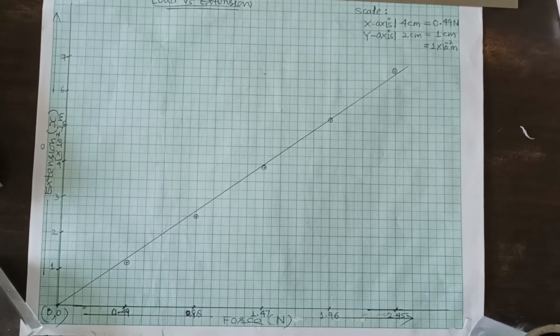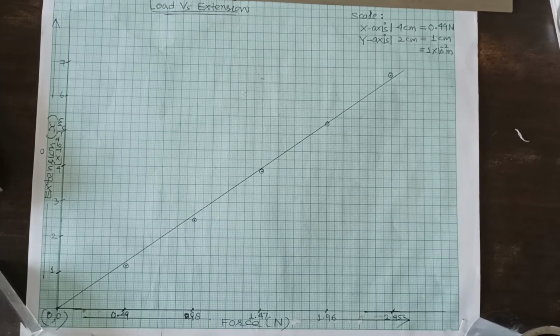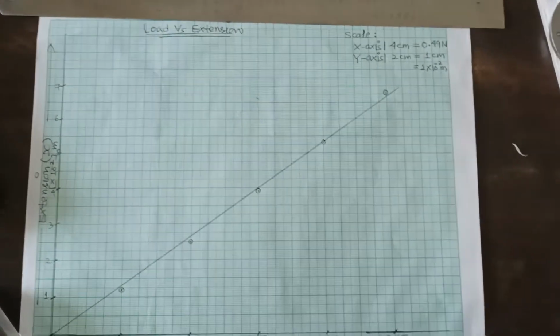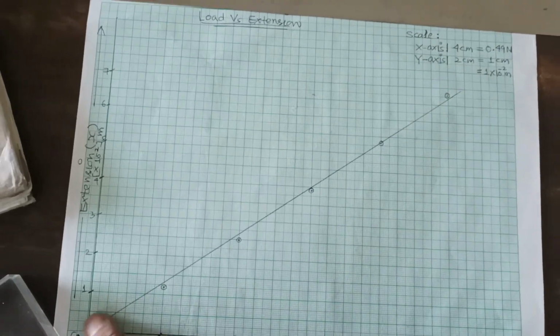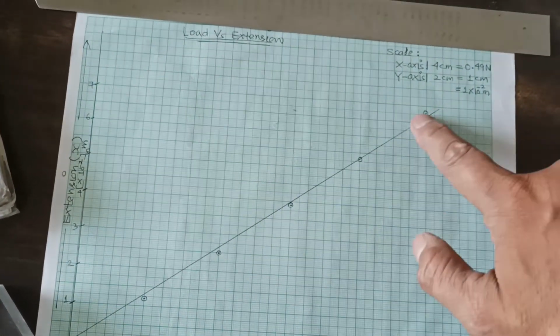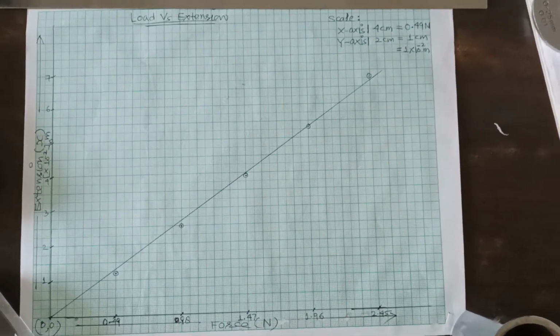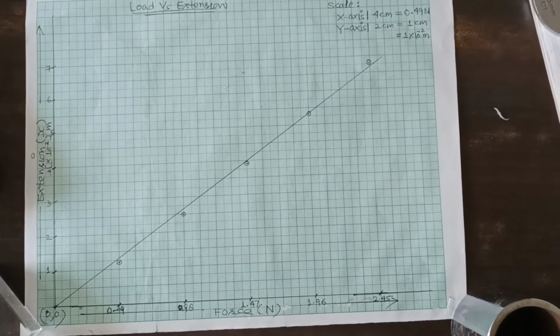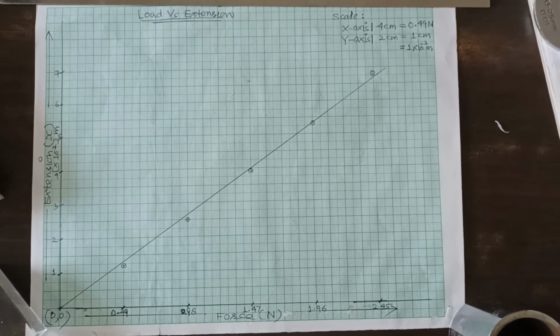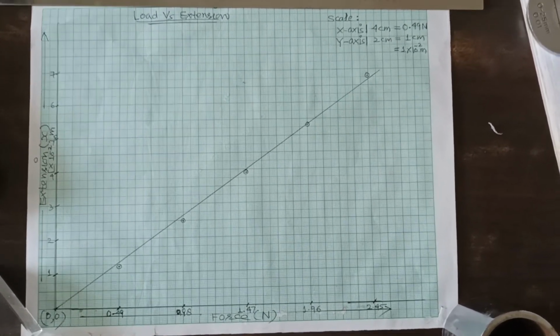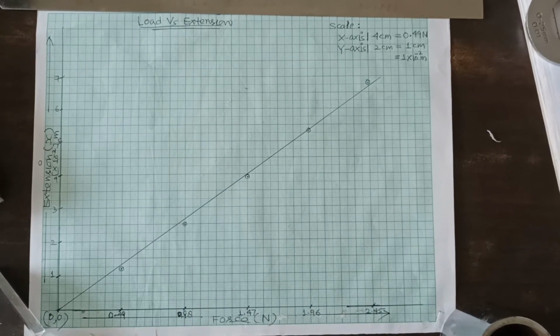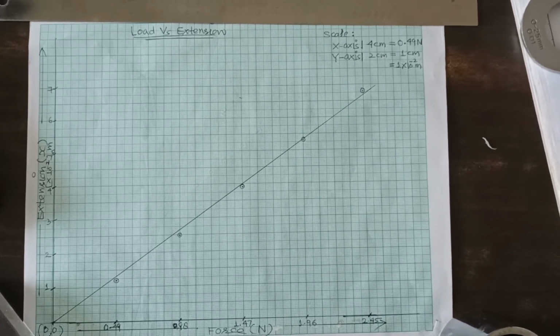The condition is that the points should be chosen in such a way that more than half of the length of this line should be covered, and also the points should not be observation points. Non-observational points are to be chosen, and the point must be exactly lying on this best fit line.